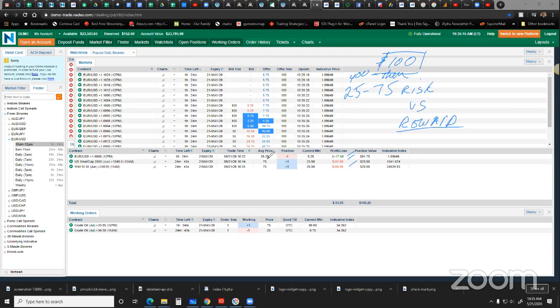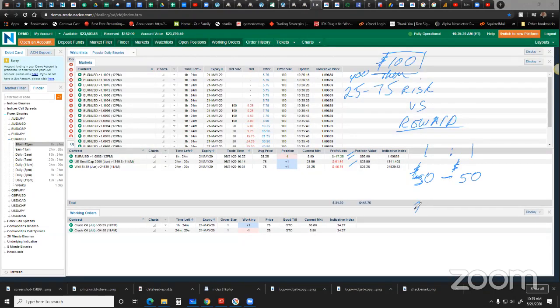Get where that's going? So if it was 50-50, if I risked $50 for that person to make $50 or to lose $50, this would be a 1-to-1 relationship, because my side of the bet fits into his side of the bet one time.